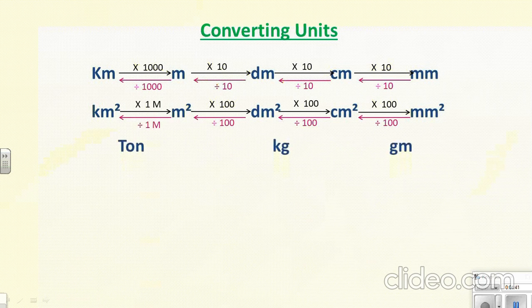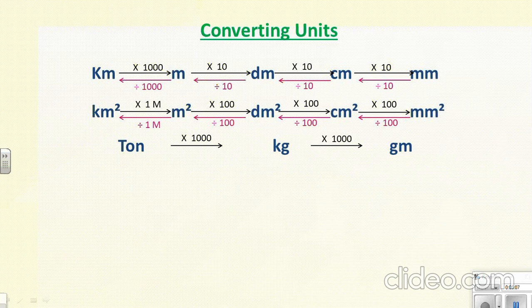Other units: ton, kilogram and gram. These are units to measure weight. Ton is bigger than kilogram, so from ton to kilogram we multiply by 1000, and from kilogram to grams we multiply also by 1000.